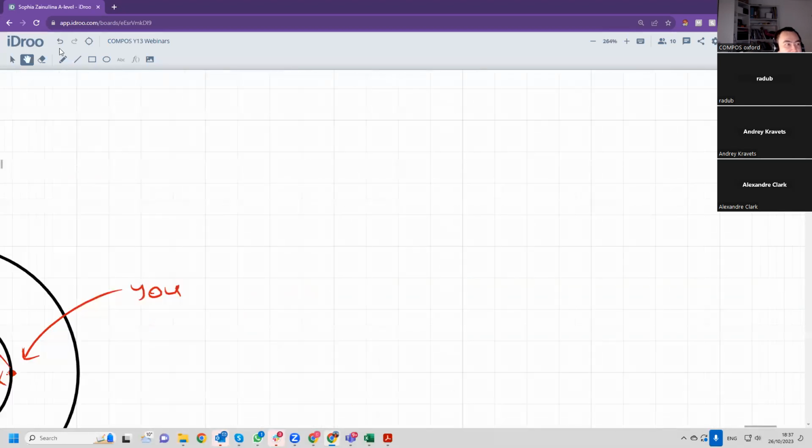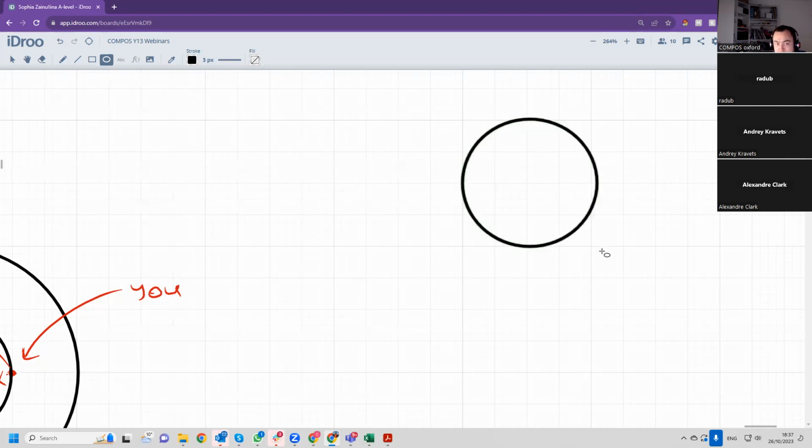Let me draw another example. Unfortunately, I can't show you the rigorous proof that this is true. But let's say you are somewhere here, and the mass of the sphere is located only at the edges. There are parts of the sphere that pull you up, and parts that pull you down.